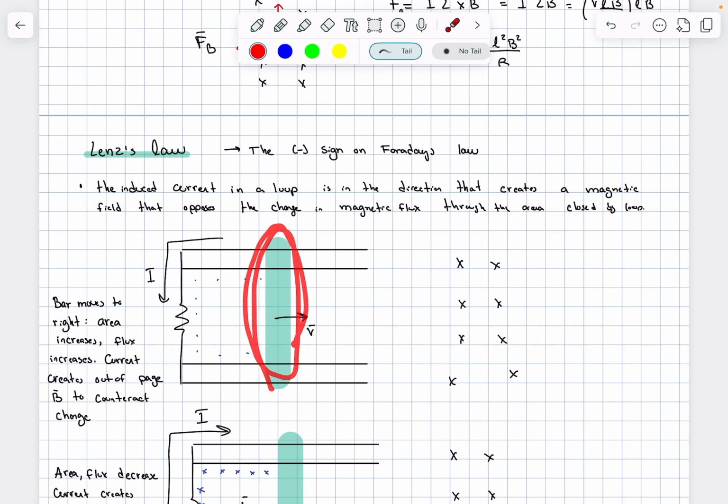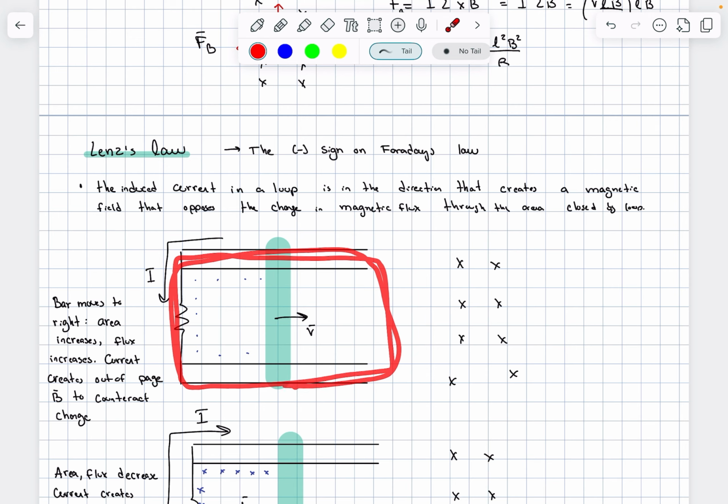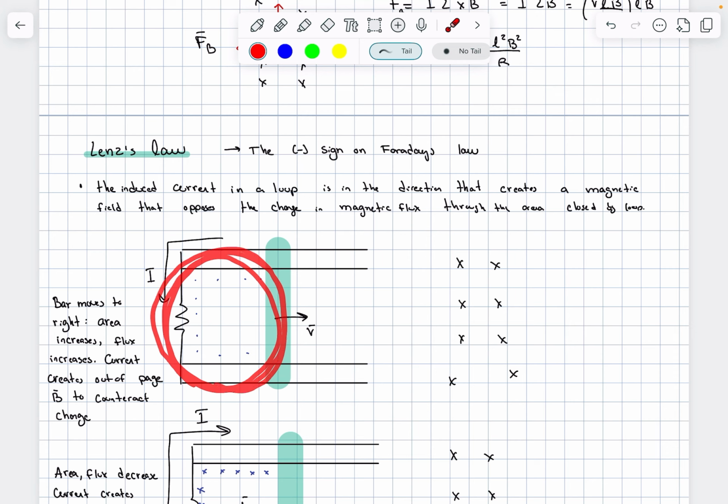Whenever we're moving this conductor to the right, we're essentially opening up our region. So this region that's enclosed here gets bigger. Because that region gets bigger, we have more field lines within the region, and those field lines are all pointing into the page. So the idea is that the current that is then going to be induced by this whole situation has to be such that it opposes that magnetic field. So here we have an increase in magnetic field going into the page.